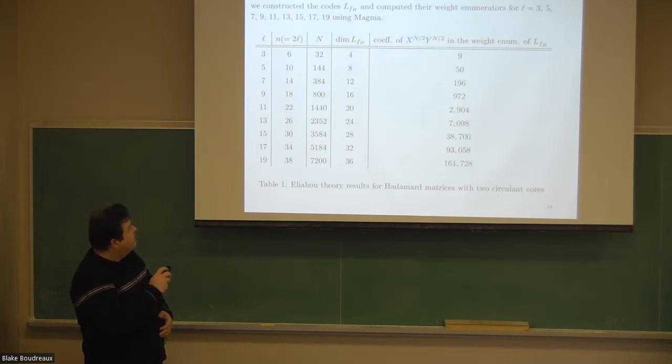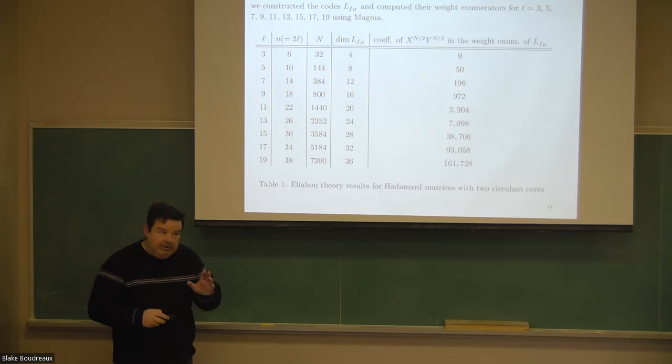Well, here is a specific prime, right? 3, 5, 7, 11. All of these are primes. And we know exactly how many we have. We know exactly that for 5, we have 50 Legendre pairs. For 7, we have 196. But not all of them come from the Legendre symbol construction, if this is what you're asking, right?